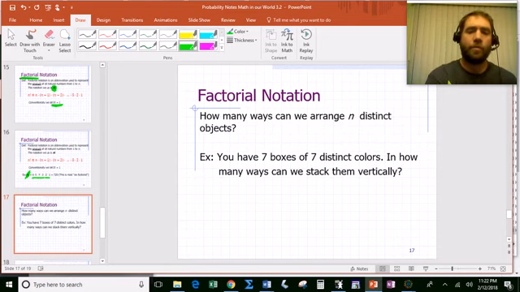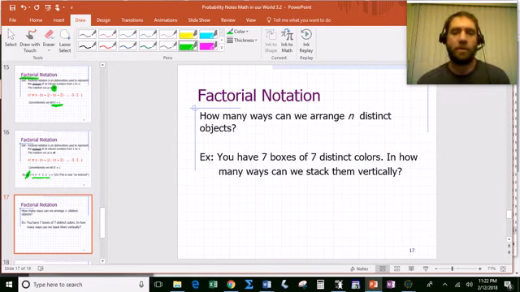So the number of ways we could put 7, just in this case I'm saying colored boxes, but they could be anything. The number of ways we could take 7 different objects and rearrange them in different orders should be 7 factorial. 7 times 6 times 5 times 4 times 3 times 2 times 1.